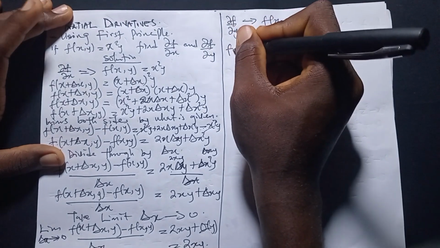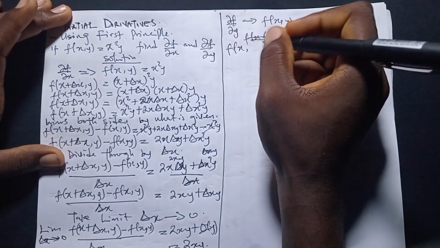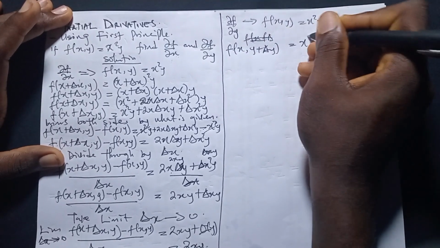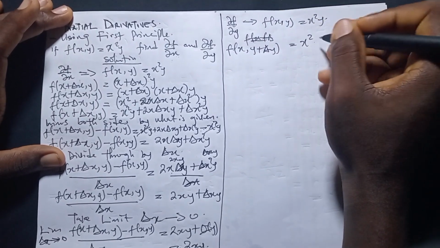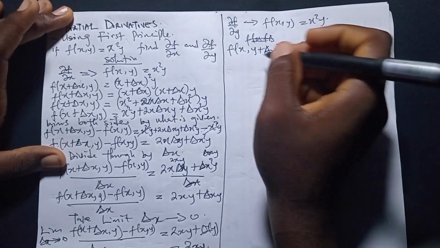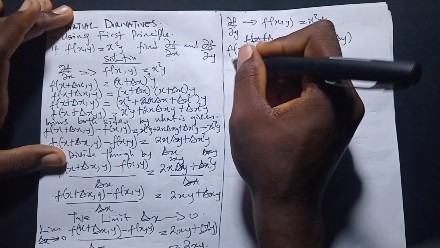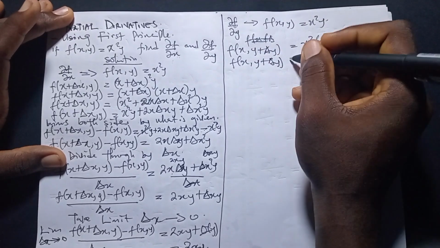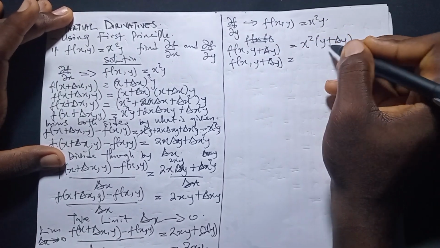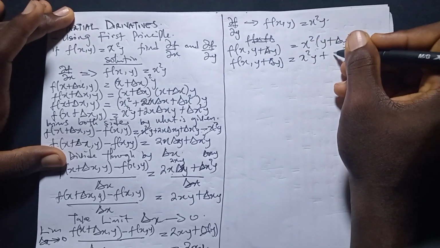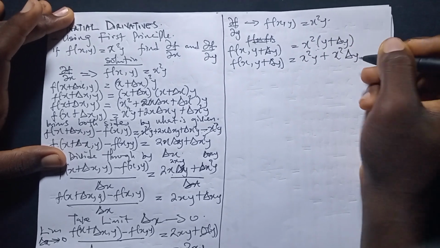So we have f of x, y plus change in y equals x squared (y plus change in y). Now we can use this to multiply everything here. We have x squared y plus x squared change in y.